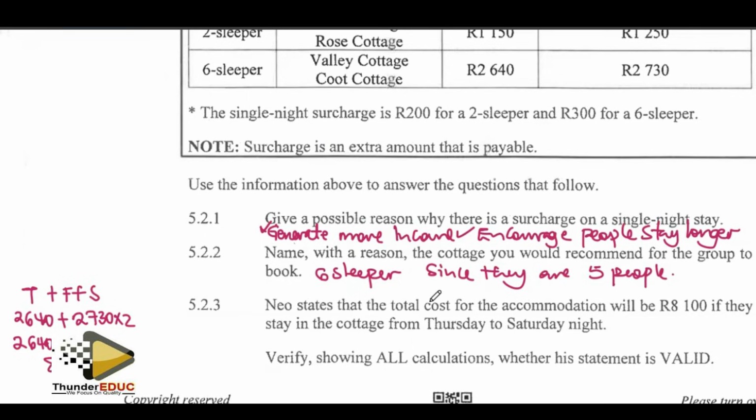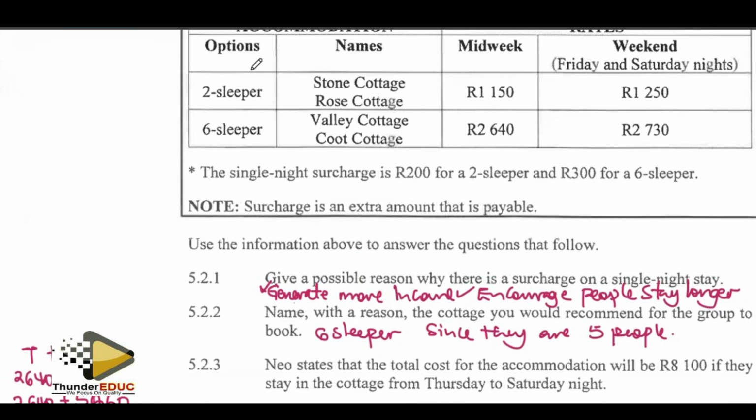Now it says that the total cost for accommodation will be this if they stay in the cottage from Thursday. They say the cottage, not cottages. So you can't use option 1, because there are 5 people.